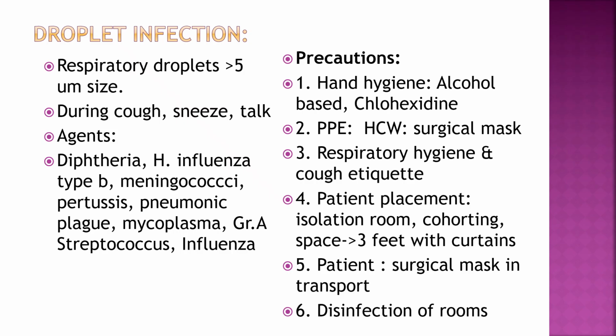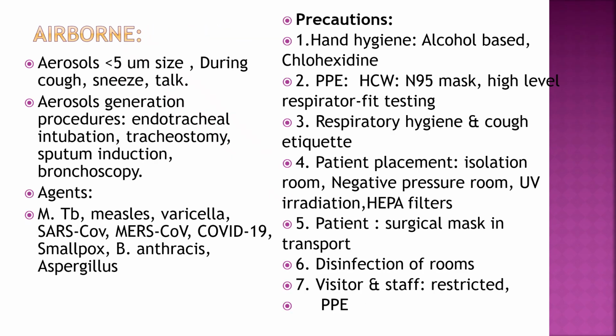Then patient placement, it should be in an isolation room. Cohorting can be done, so space should be more than 3 feet with curtains applied for separation between patients. Then the patient should wear a surgical mask in transport, and healthcare workers should wear the surgical mask, and disinfection of the room is done at discharge of the patient. Now the third type is airborne transmission.